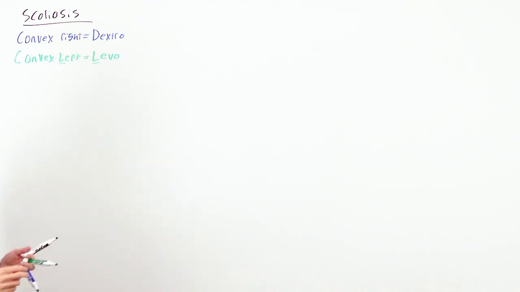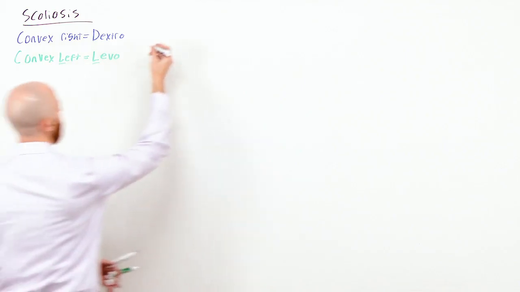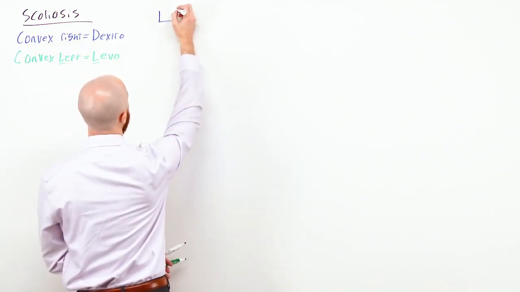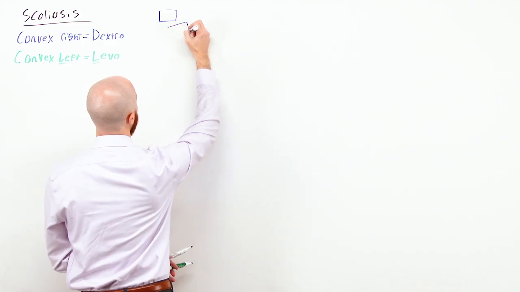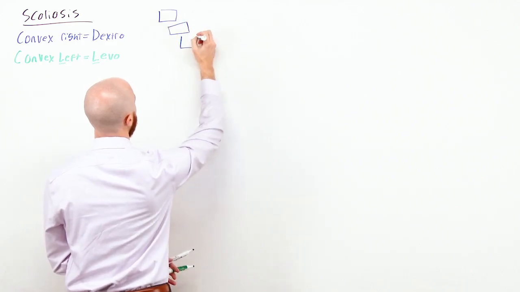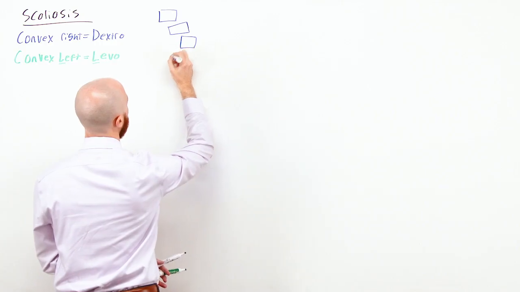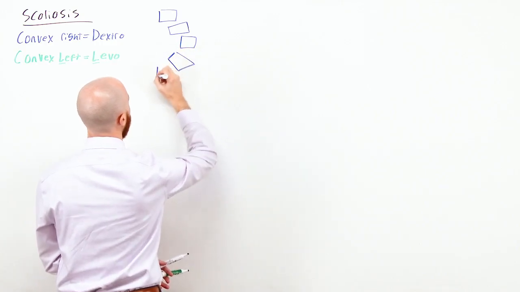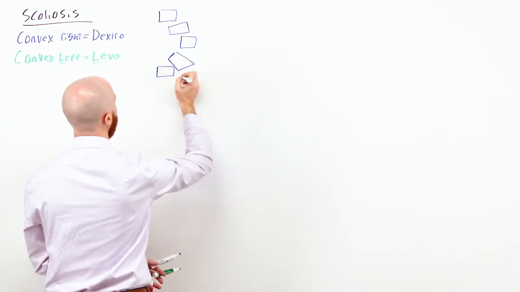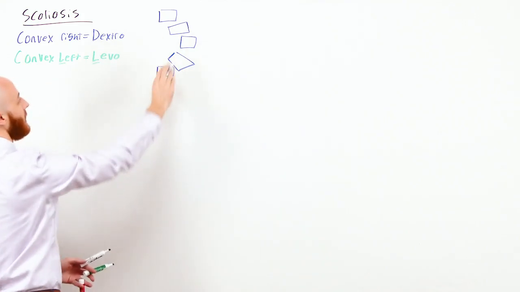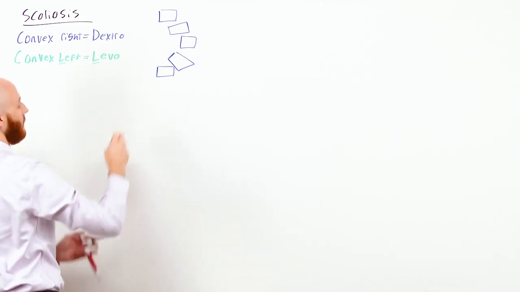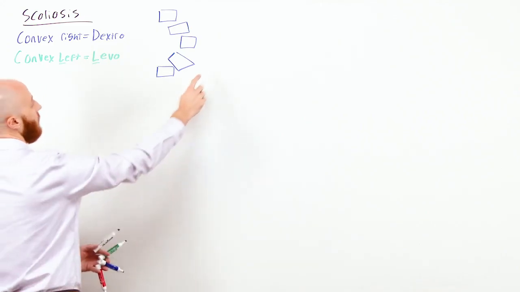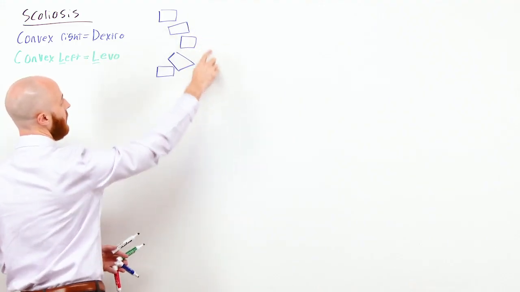So what does this look like? If I'm going to draw out a dextroscoliosis, your vertebra will look something like this. Maybe not as intense of a curve, but something like this. The convex side is the curvy side.